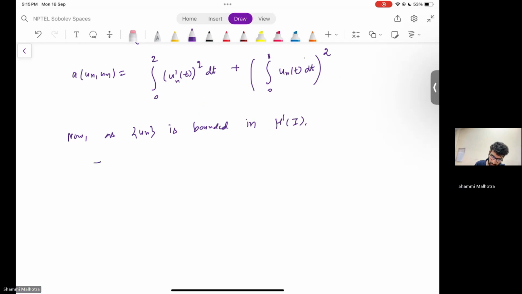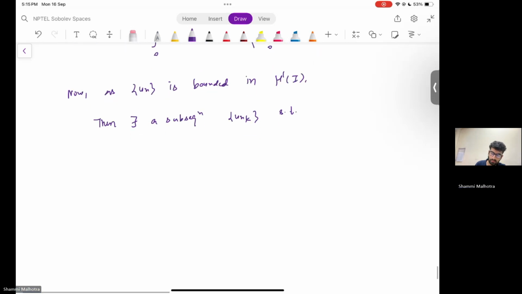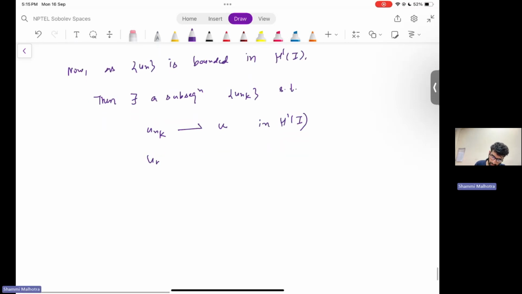Then there exists a subsequence u_nk such that u_nk converges weakly to some u in H1 of I, and u_nk converges strongly to u in L2 of I by compact embedding.